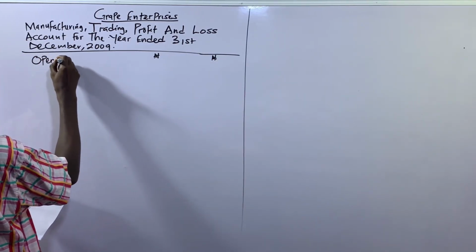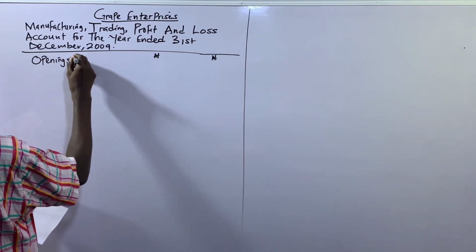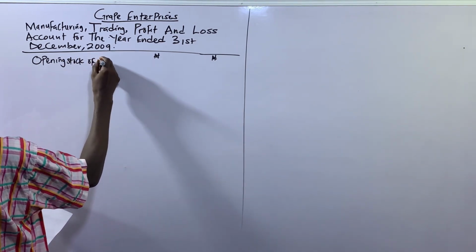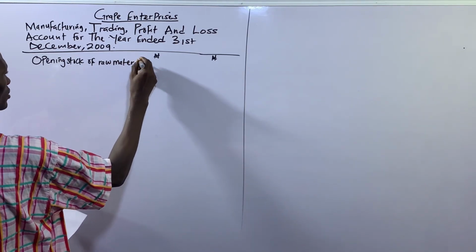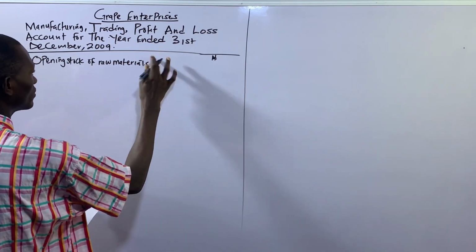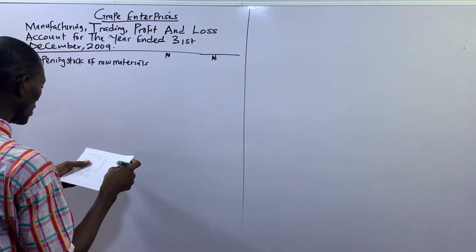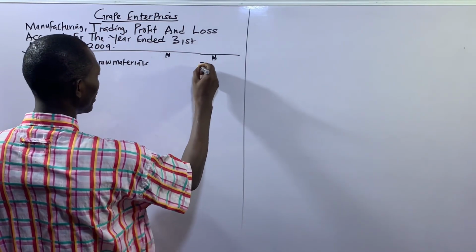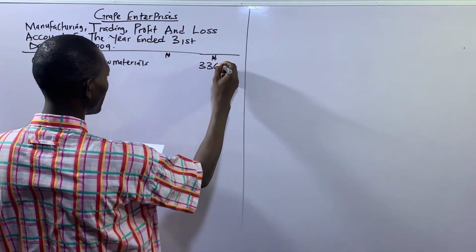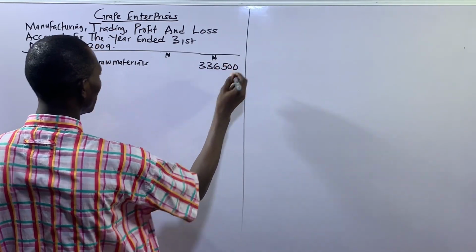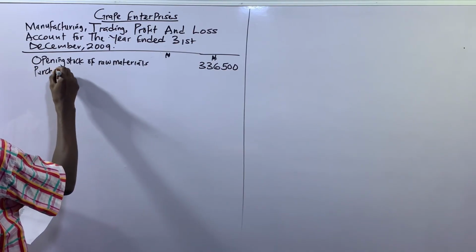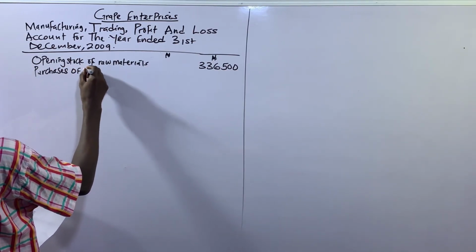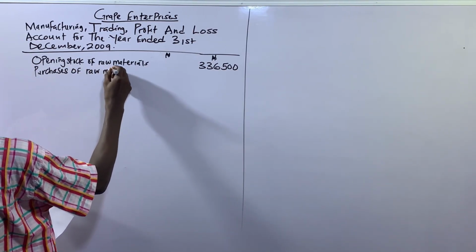So we have opening stock of raw materials, that's given as 336,500. Then we have purchases of raw materials.